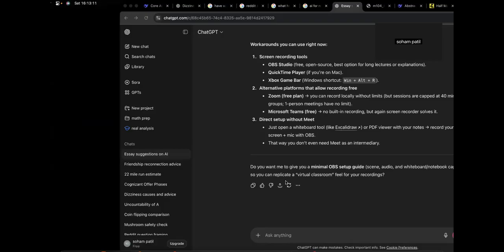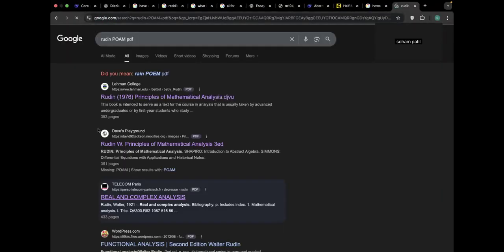While the page loads, let me read out the first question. We're starting with numerical sequences and series.